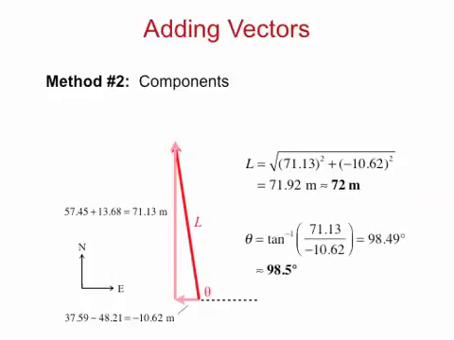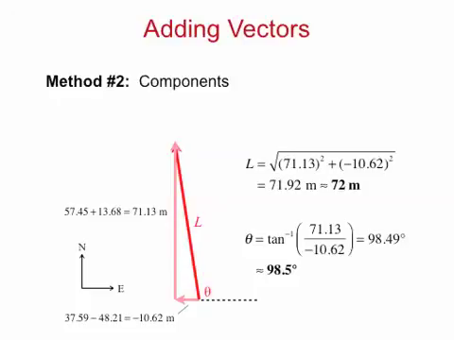Tangent theta is equal to the vertical component divided by the horizontal component, or in other words, opposite over adjacent. So theta is equal to the inverse tangent, or arctangent, of 71.13 divided by negative 10.62, which equals about 98.5 degrees.